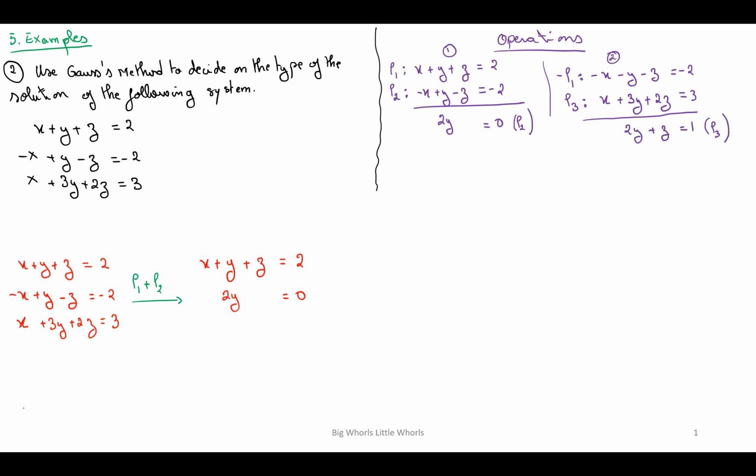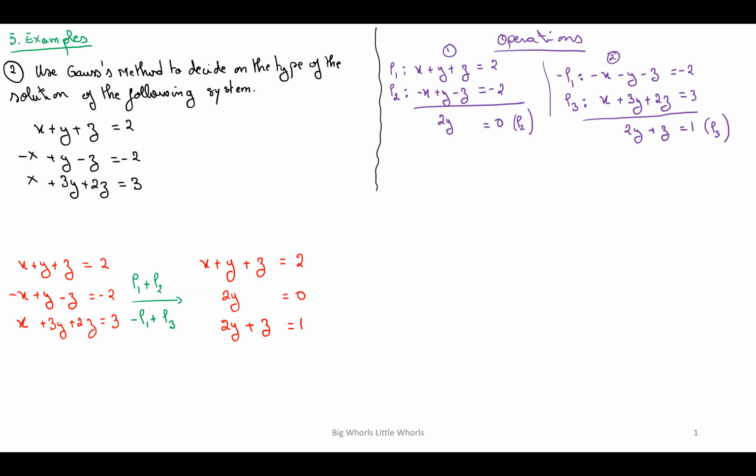Okay, so what I have done is minus row 1 plus row 3, which is 2y plus z equals 1. Now we have finished eliminating the x's in the rows below row 1.